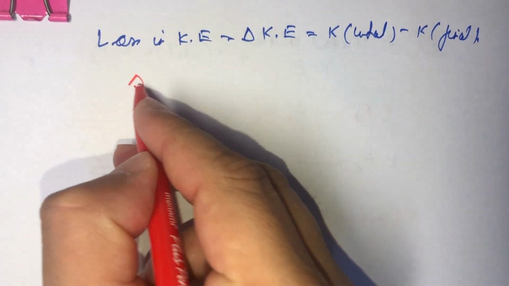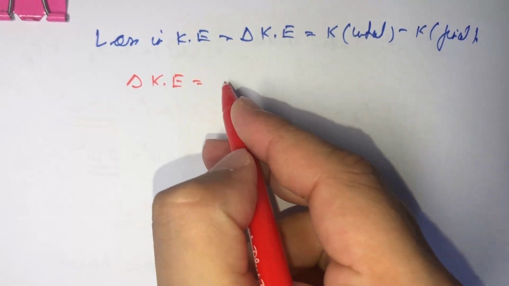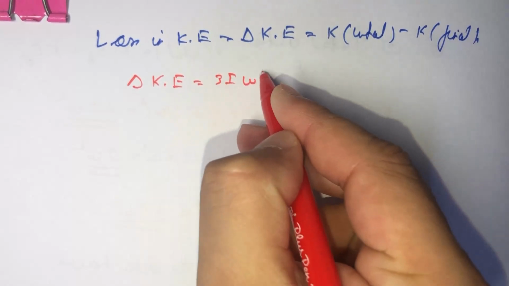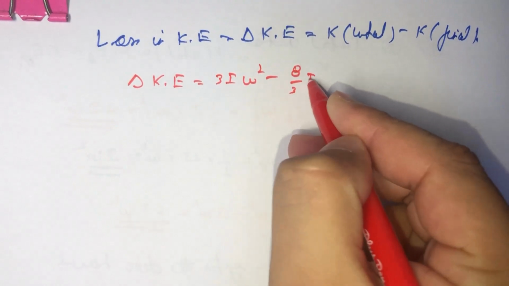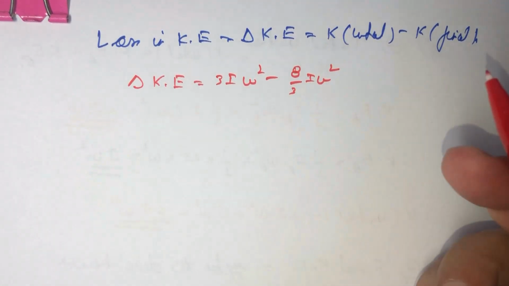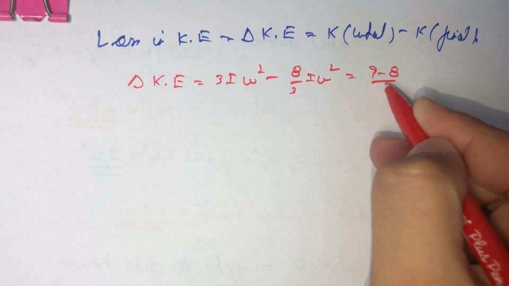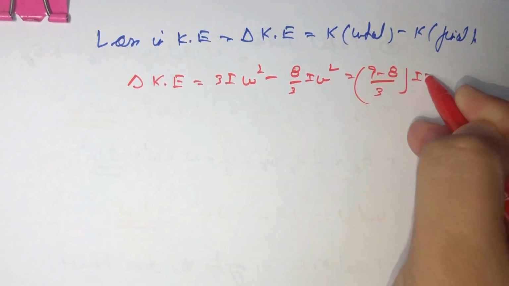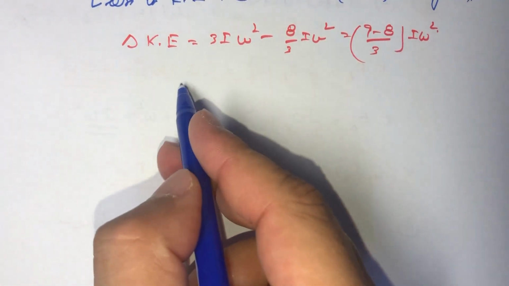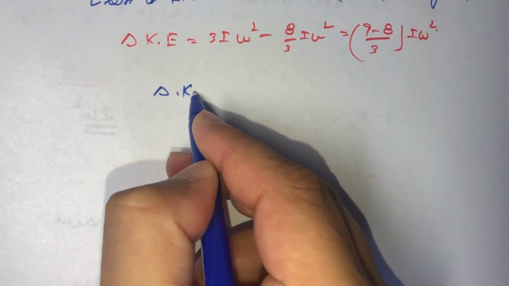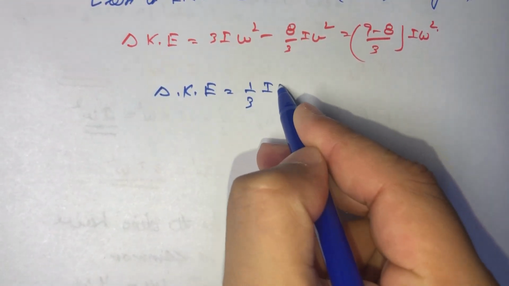So we get delta KE, kinetic energy initial is our 3I omega square minus 8 by 3 I omega square. So we get this as 9 minus 8 divided by 3, I omega square. Therefore, the loss in kinetic energy will be equal to 1 by 3 I omega square.